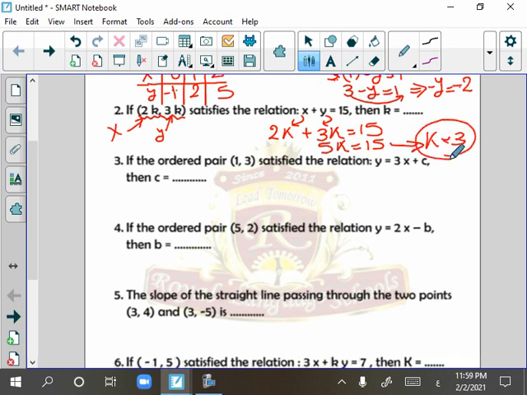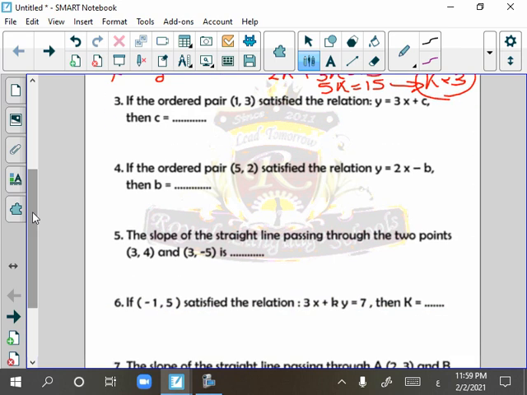Okay, number 3. If the ordered pair 1 and 3 satisfies the relation y equal 3x plus c, the first coordinate is called x and the second one is called y.